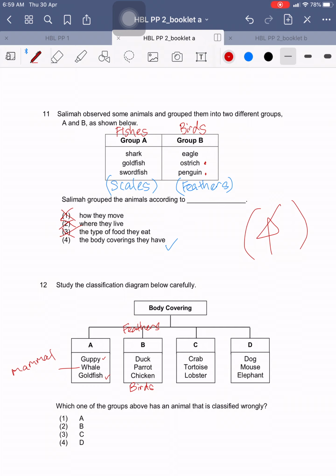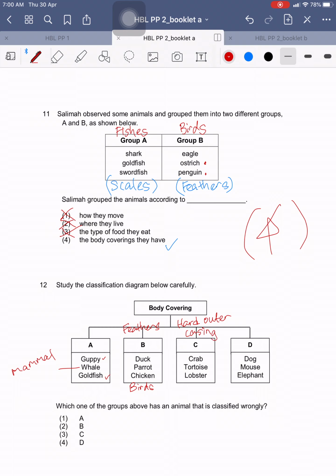Okay, so they will have feathers. Now for group C, now this is a little tricky. We did not learn about lobster and crab. Alright, and we understand that tortoise actually is a reptile. Okay, but in this case, what they are referring to for group C is that they have a hard outer casing.